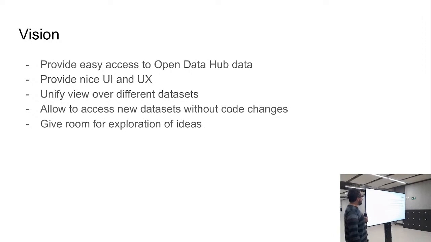Now, the next idea or vision was to unify the views over different data sets. As I said before, there are different domains, and each domain has a lot of data sets. At the current state, the types for the data sets are a bit different.